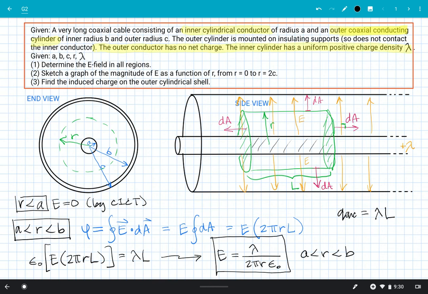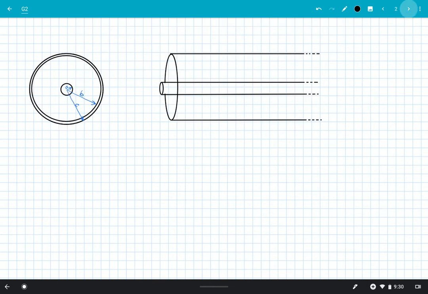We've looked at r less than a. We've looked at r between a and b. So now let's look at between b and c. And between b and c, we can see that we're inside conducting material again, right? So if I'm looking in this region here, I can see again E equals 0 by the charged isolated conductor theorem.